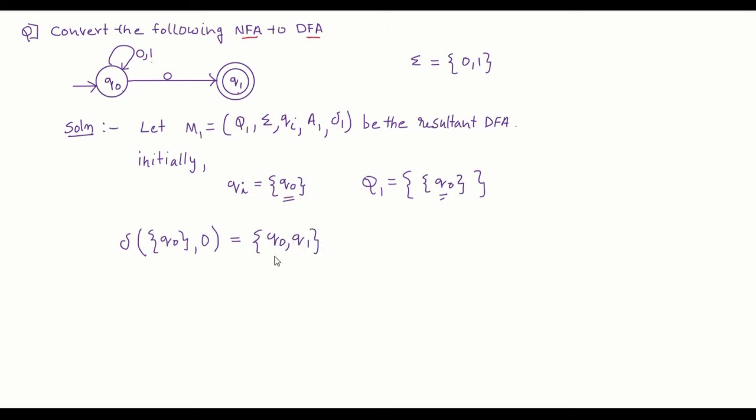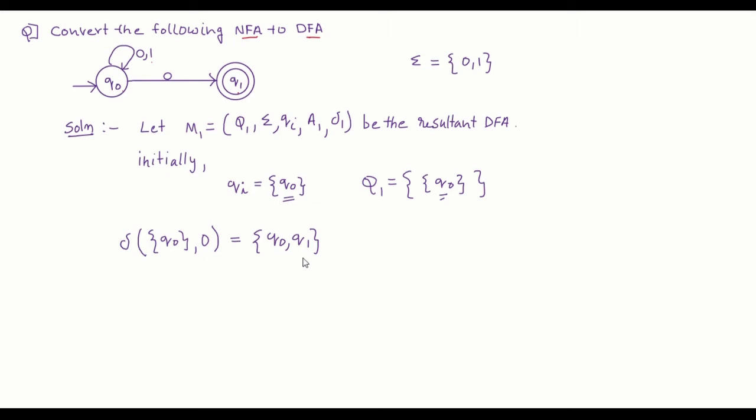That means Q0 Q1 is a subset. And since it's a subset construction procedure, I have already told you that in the resultant DFA, the states might be a combination of more than one state of the NFA. That's called a subset. So we have got a subset over here, Q0 Q1.